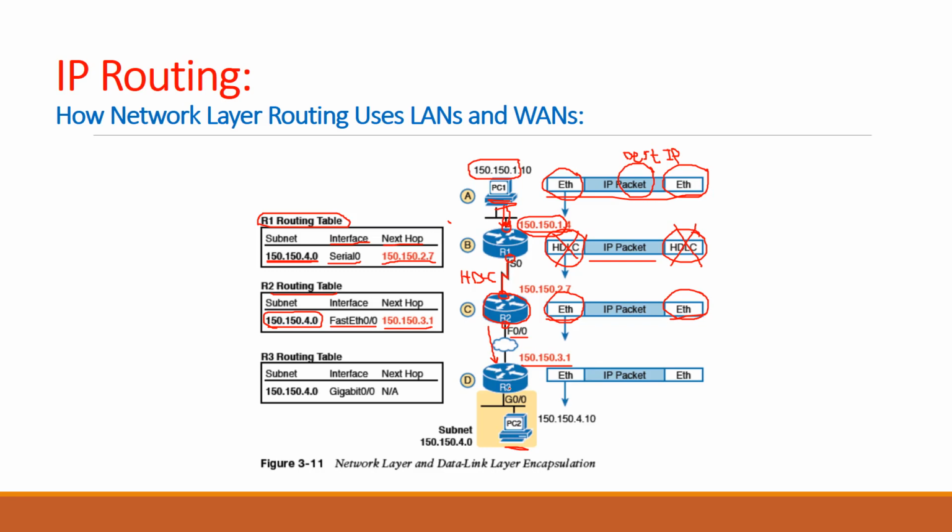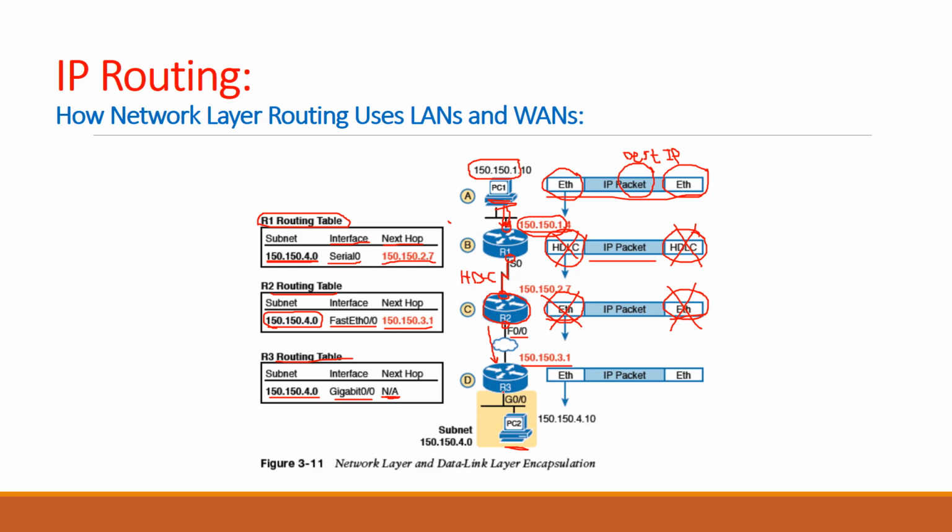Once R3 receives the Ethernet frame, it will de-encapsulate the header and trailer and compare the destination IP address to its routing table. Similarly, it finds a matching entry and sends out of this interface, and the next hop is not needed, which means the destination is in the same network.